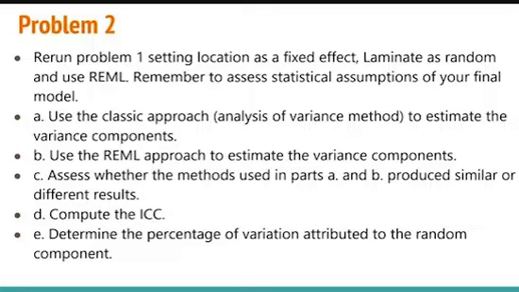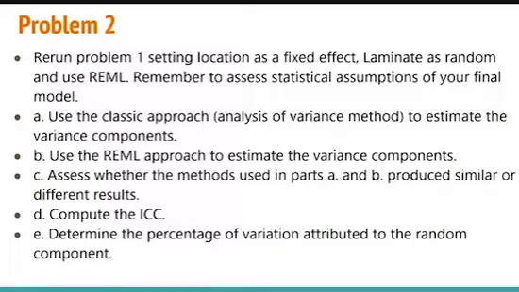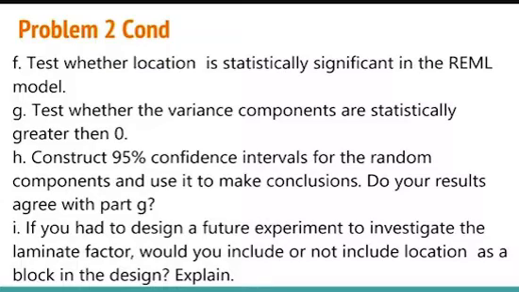Okay, then I ask a question about F. What is location? Location, what did I say, is fixed, right? Do you know that when you use restricted or maximum likelihood, it's going to give you results for both fixed and random?